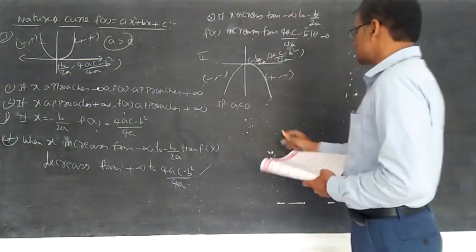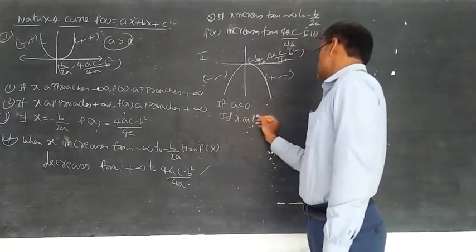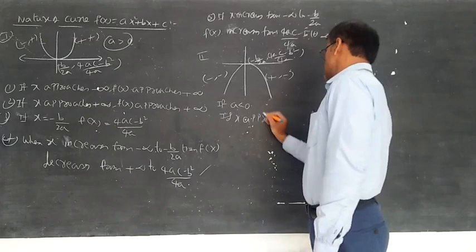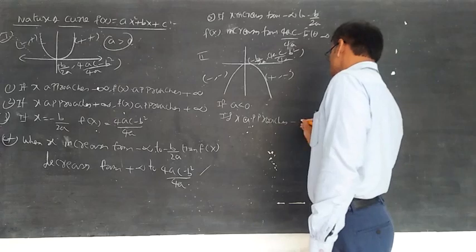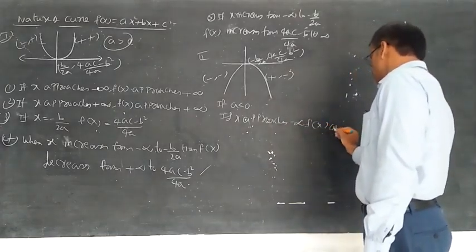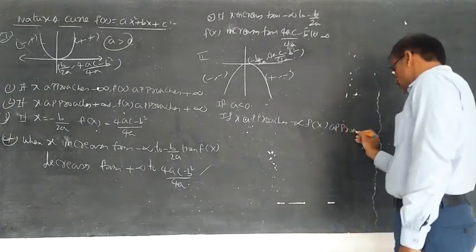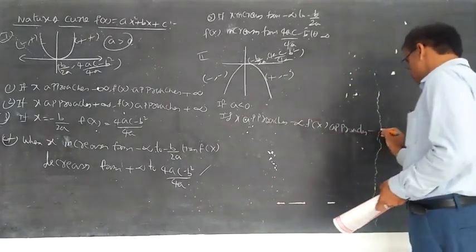So we can understand here if x approaches minus infinity, comma f of x also approaches minus infinity.